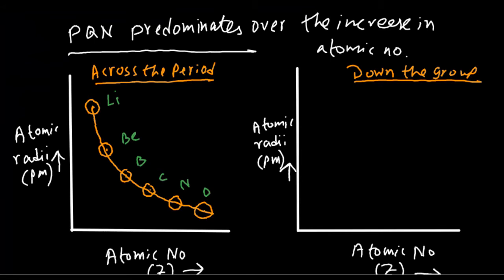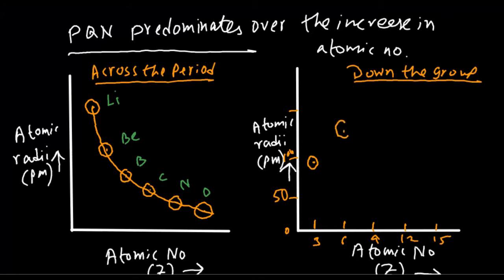While down the group, what is happening? If I consider the alkali metals, that is lithium, sodium, potassium, rubidium, cesium, you will find the graph looks like this. Suppose it is starting from here. This is atomic number 3. Just mark it like this: 3, 6, 9, 12, 15. And the atomic radii is also like 50, 100, and so on. I'm just trying to make you understand the periodic trend.